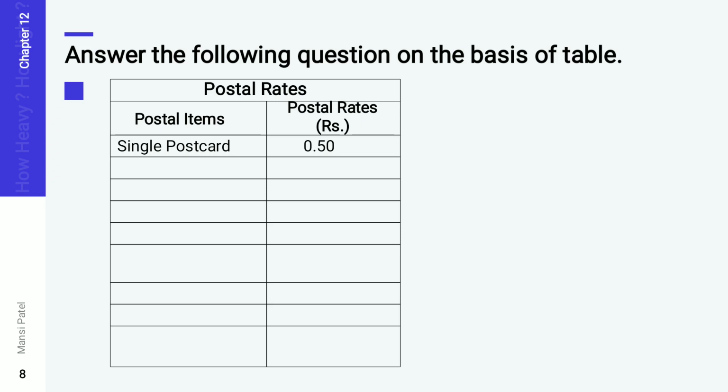Before the point, whatever digits are given, it is considered as rupees, and after the point, whatever digits are given, that is known as paisa. So what is the cost of a single postcard? The price of a single postcard is 50 paise.